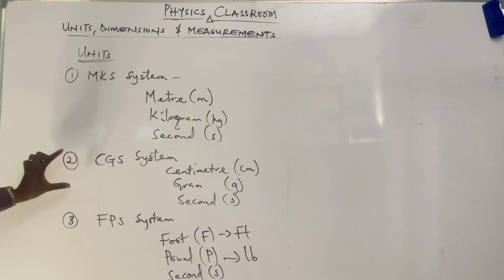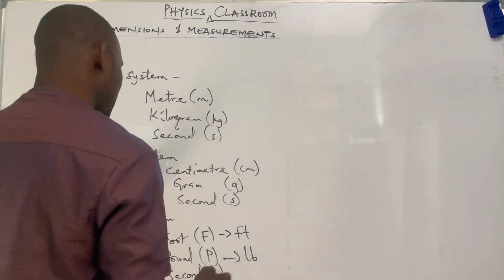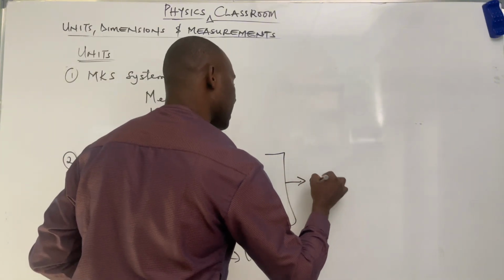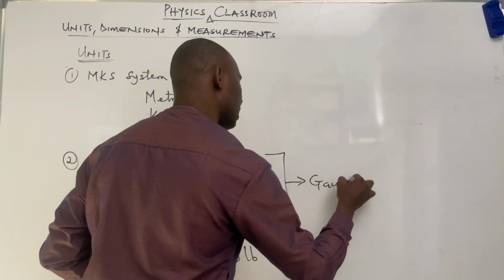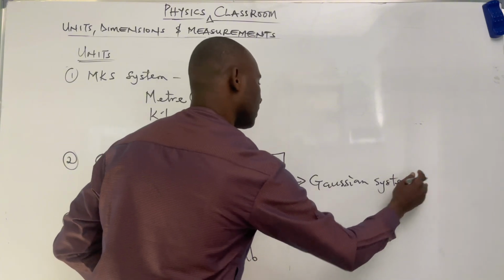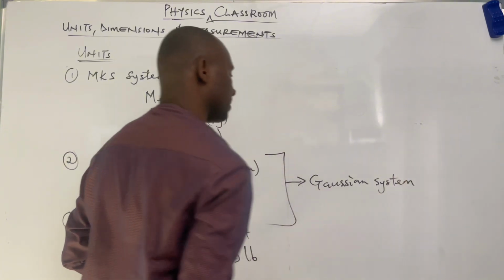You see, CGS system and FPS system are collectively called the Gaussian system.